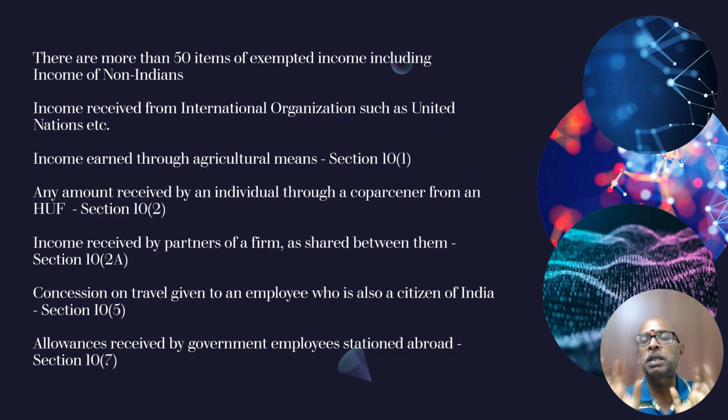Co-partners are members of that Hindu undivided family. That money is already taxed in the HUF, so there is no tax for the person when given the profit or whatever income. Whatever earning is divided among the people is not taxed again because it is already taxed under HUF.